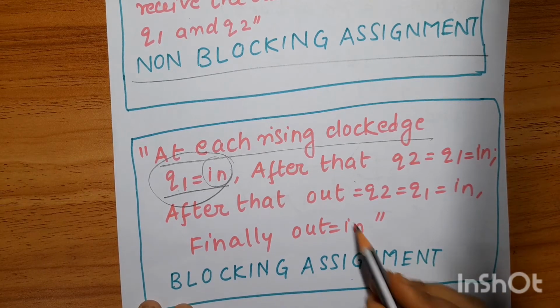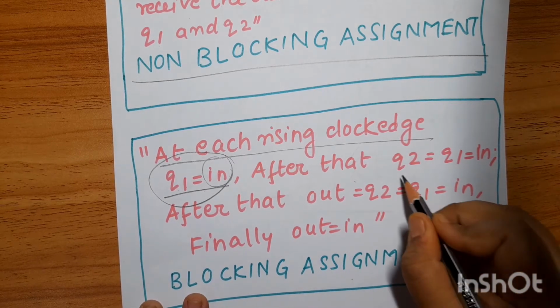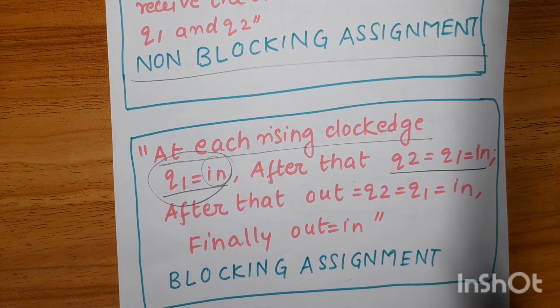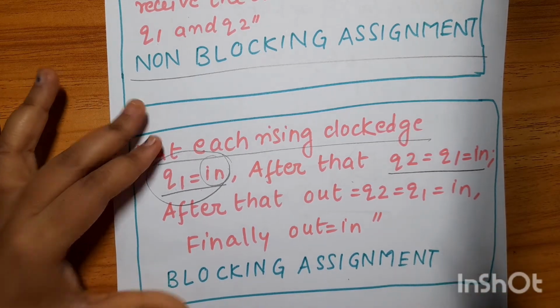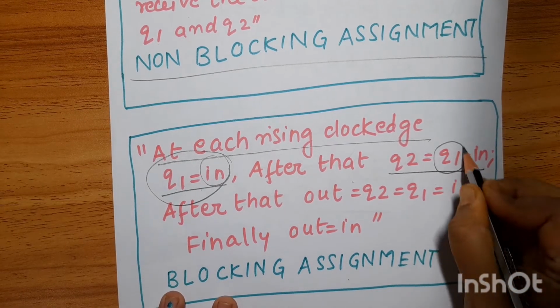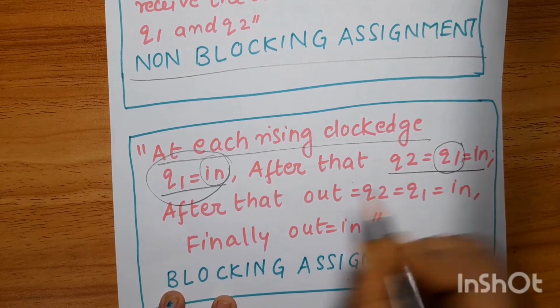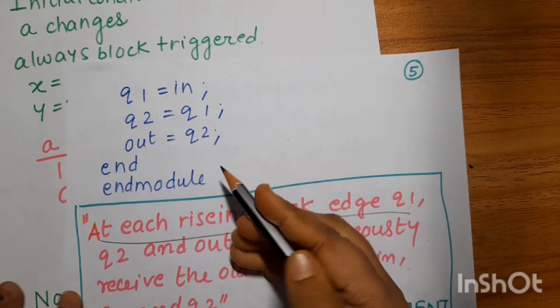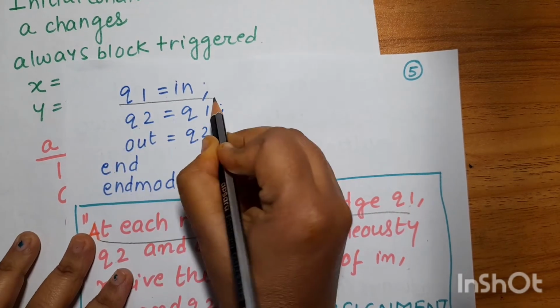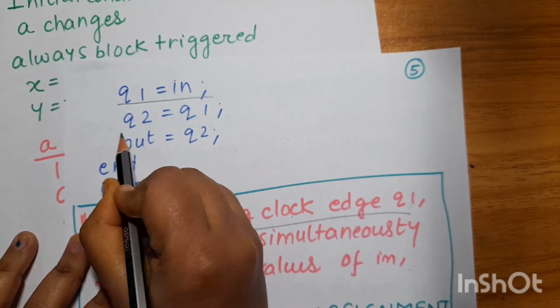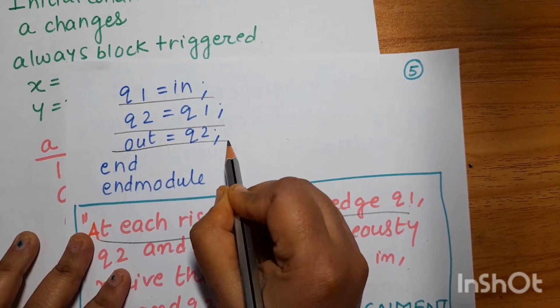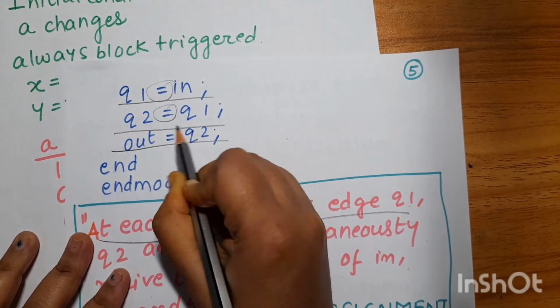After that only we will move to the next statement, that is Q2 equal to Q1. Q1 will get the value of this in. Q2 is equal to Q1 and out is equal to Q2. These are all blocking assignments.